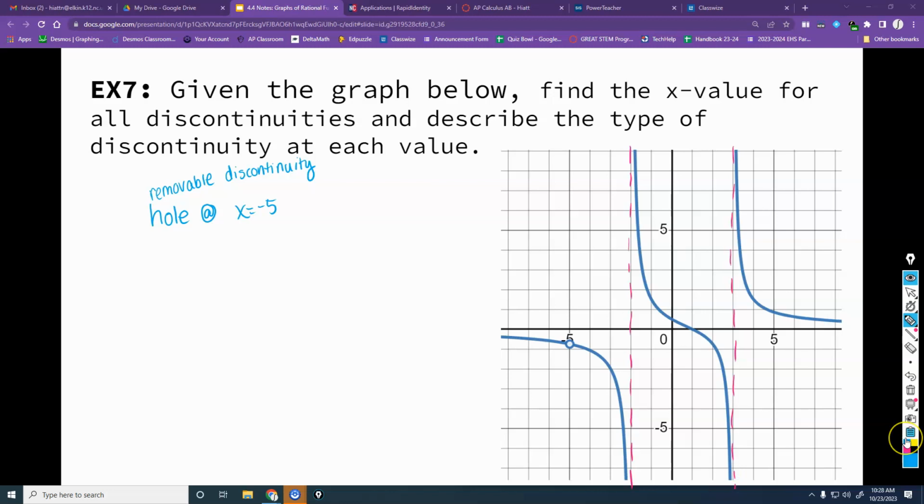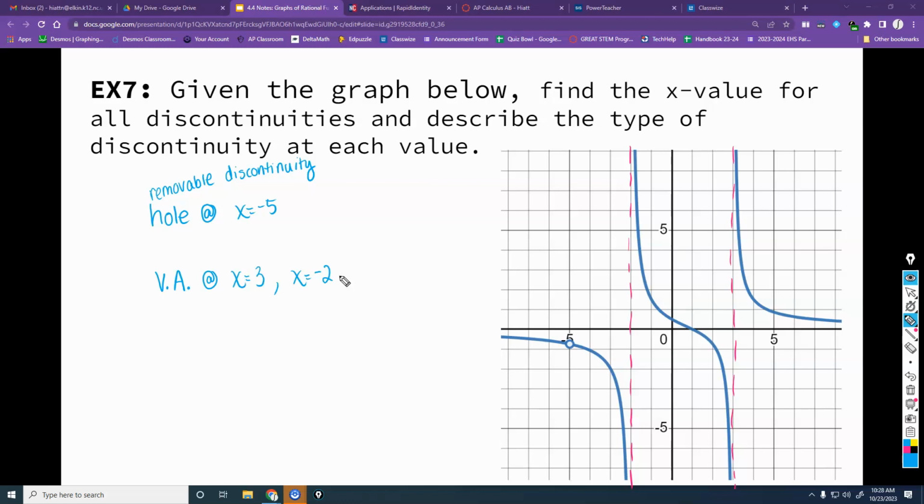So, Alvin, what's one of those vertical asymptotes? Okay, so x equals 3. What's the other one? -2. So x equals -2.